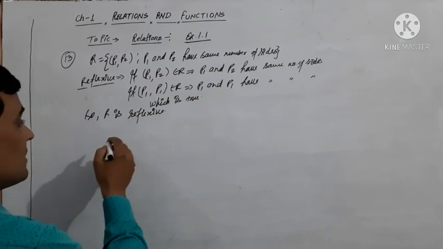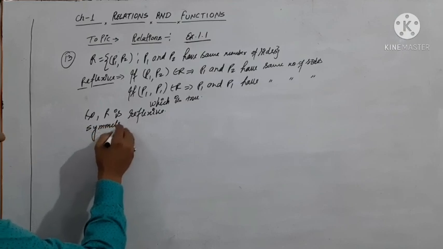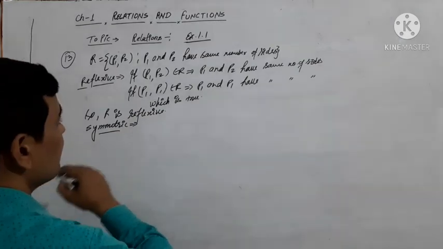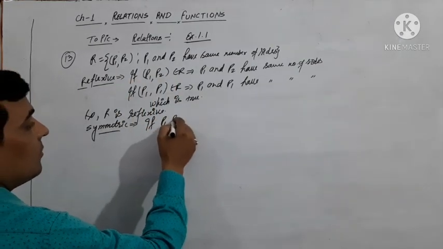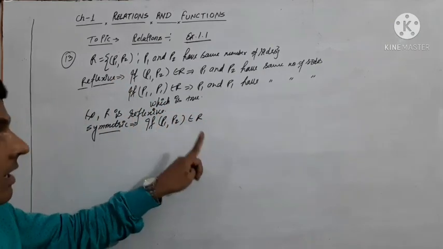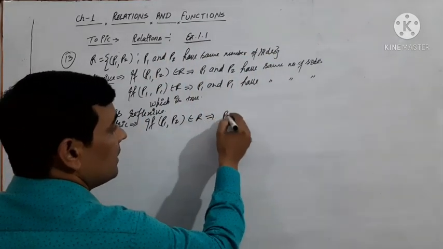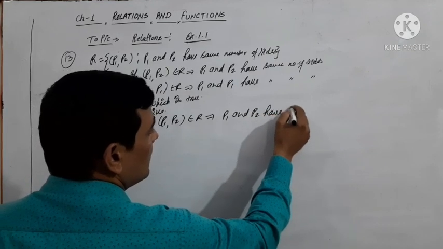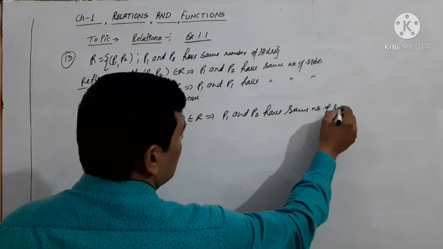Now come to the second point, symmetry. We will check the condition for symmetricity. What is the condition? If P1 comma P2 belongs to R, then P1 and P2 have the same number of sides. Clear?